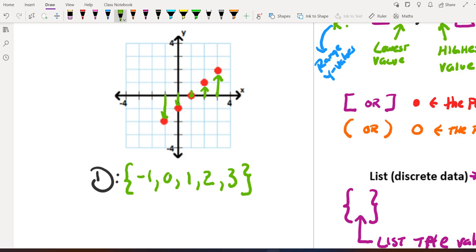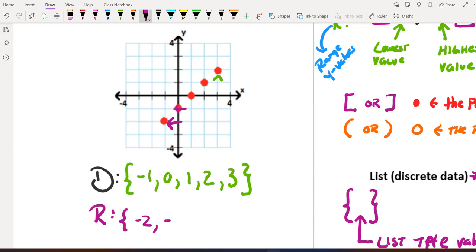And that's it. Okay? Then for range, we do the same thing. But this time, instead of looking at x values, we look at y values. And once again, we go from smallest to biggest. So we start from the bottom one. What is the y value here? -2. Then we go to the next dot, which is right here. What's the y value here?